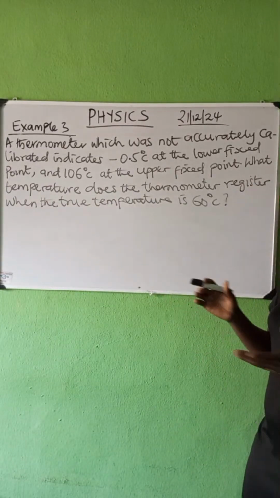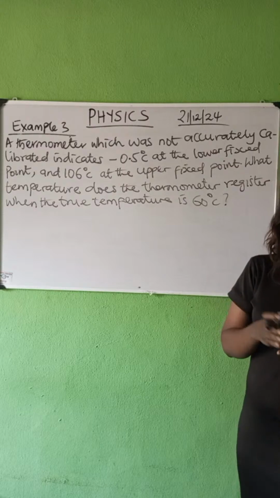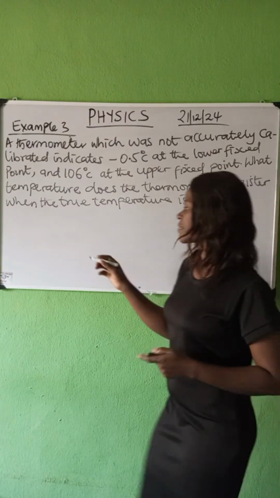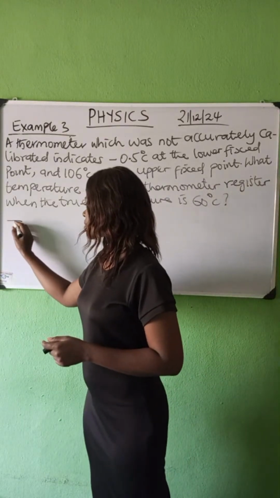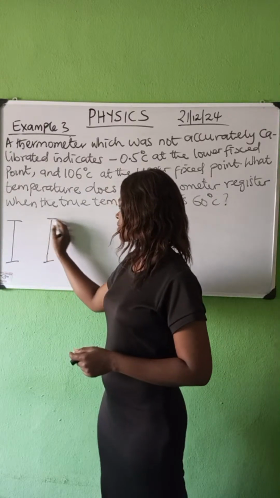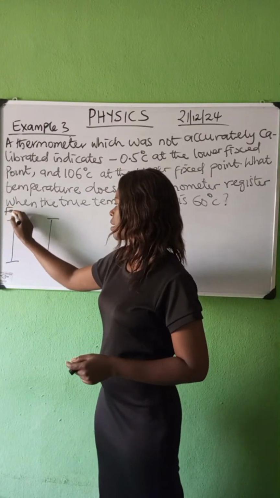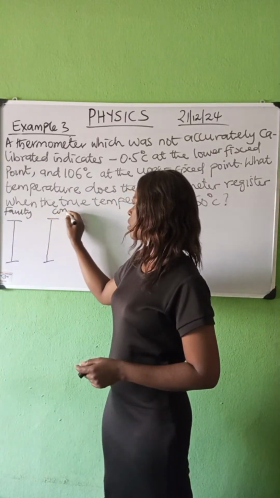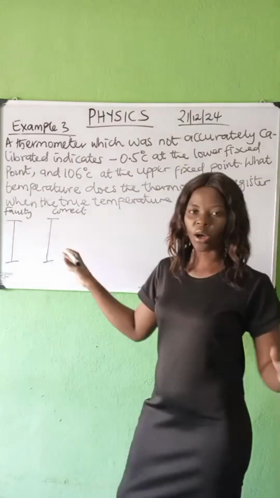Now, I'm going to sketch a diagram to compare the faulty Celsius scale and the correct Celsius scale. All right. This is faulty. This is correct. They are all Celsius scale.